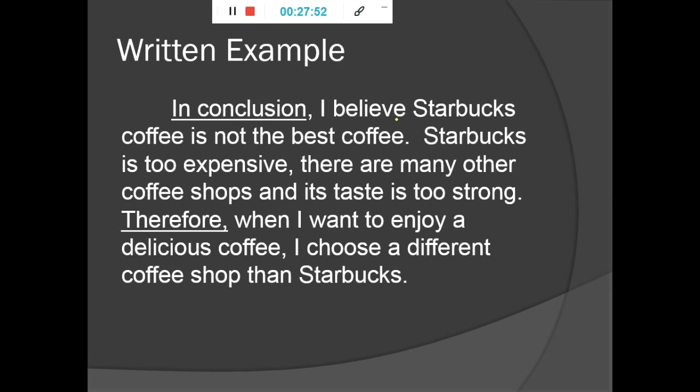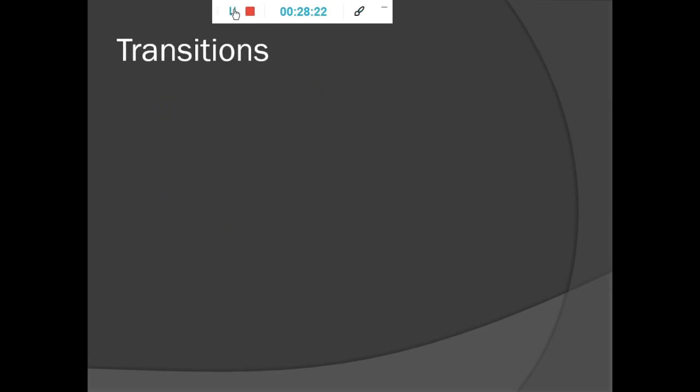Therefore, when I want to enjoy a delicious coffee, I choose a different coffee shop than Starbucks. And once again, we have indented here. So very important, make sure you indent your first line in each paragraph. And I've also included my transition language, in conclusion and therefore. Okay, let's move on to the next topic.